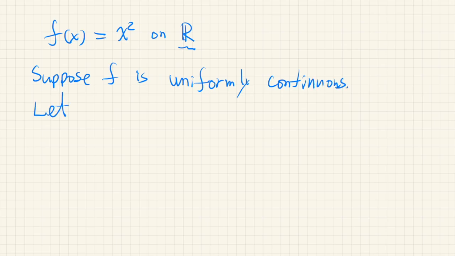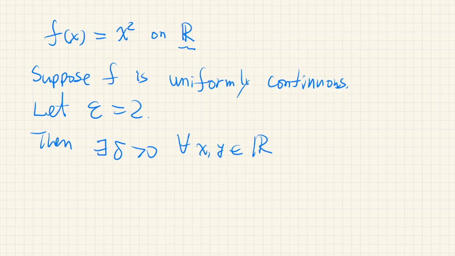And let's say epsilon equals 2. Then there exists some delta such that for all x and y that are real, if the distance between x and y is less than delta, then the difference between x squared and y squared is less than epsilon. Epsilon in this case is 2, so it's less than 2.